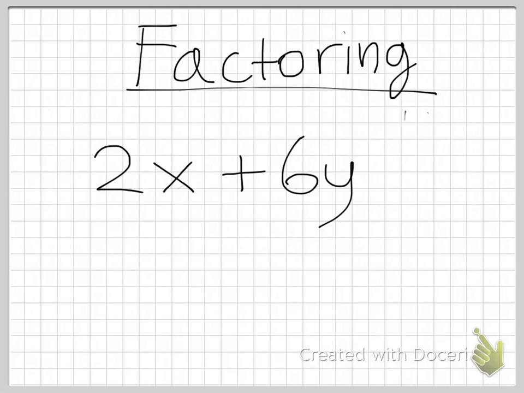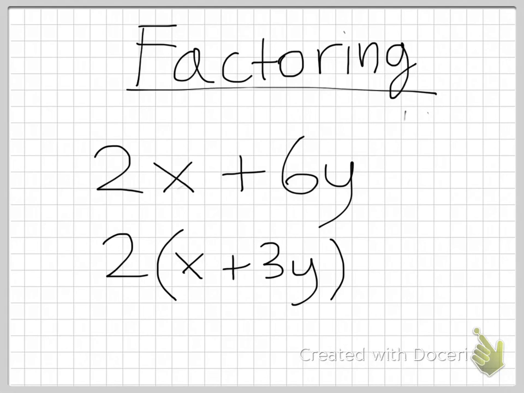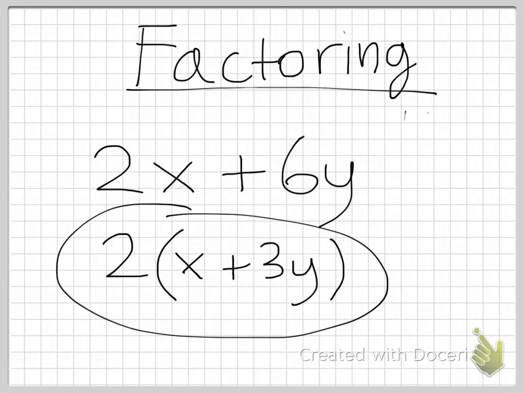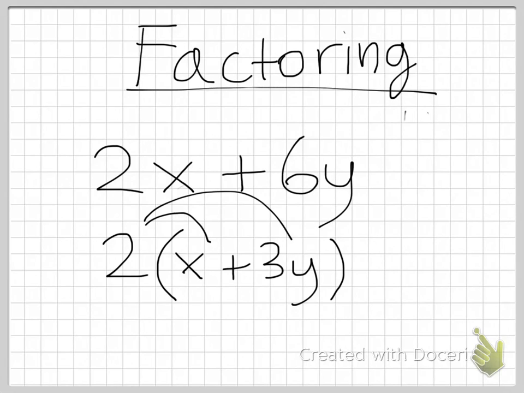They're two separate variables. So that means we look at the numbers and find their greatest common factor, which is 2. So if you do that, it's the opposite of the distributive property, remember? So it's 2 times (x plus 3y) equals 2x plus 6y. So that's how you factor that expression.